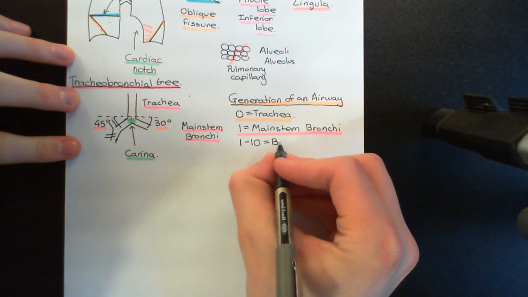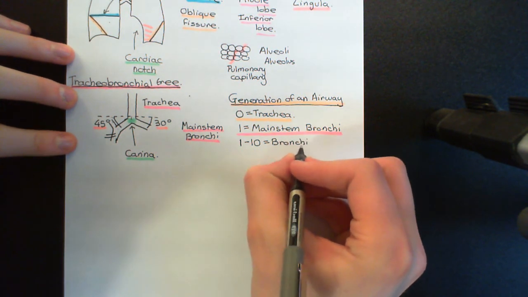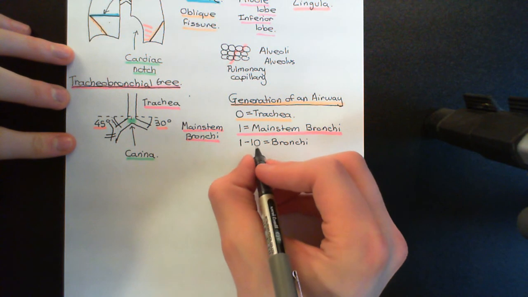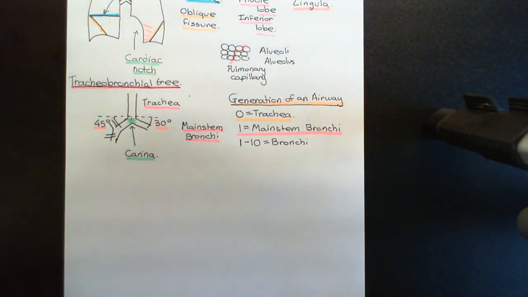Now, this is not the definition of a bronchi, or a bronchus indeed. The definition of a bronchus is that it has cartilage around it. So we'll see when we study the histology of the tracheobronchial tree that the bronchi have a layer of cartilage in their wall structure. Okay, that's the definition of bronchi.